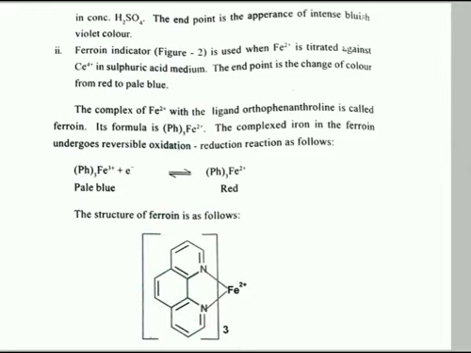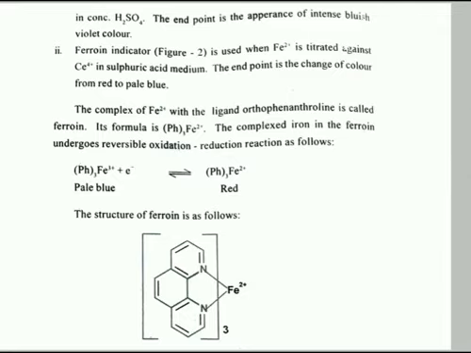Therefore, to determine the end point of a redox titration using an indicator, we can identify the end point of the particular titrant by differentiating the different colors in the solution.